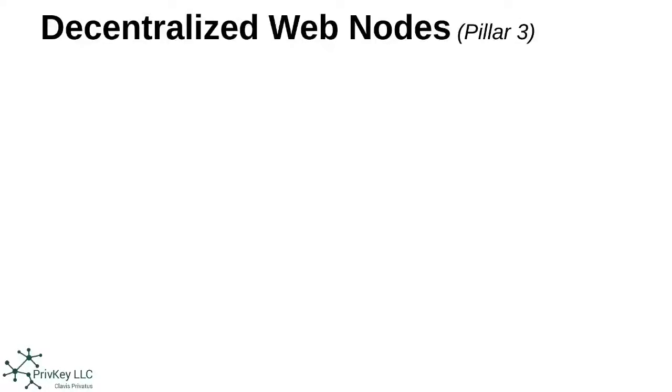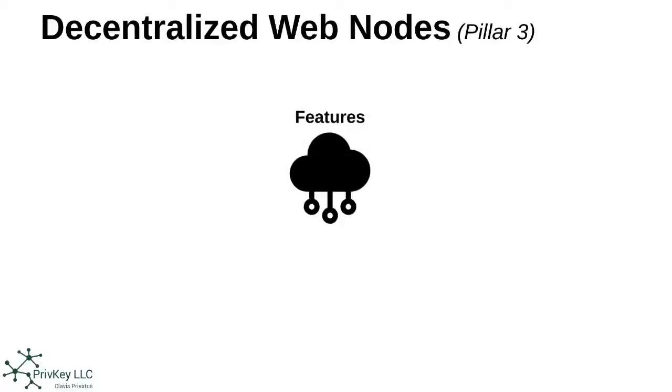Now you move into pillar number three, which is the features that you have for decentralized web nodes, right? So what do you get when you have all these different nodes all over the place? You have this universally addressable, kind of like crawlable, DID relative addressing data. And this is usually the idea that you can Google things. You can type in the Google bar, Google search, and search for anything you want.